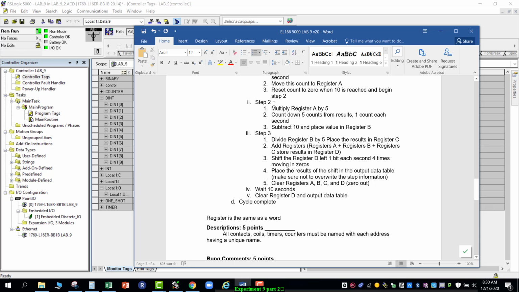Here we're going to turn on step 2 and send a 2 to that output data table, and again I would use a mask move. We're going to multiply register A by 5, so the information we stored here is going to get multiplied by 5. And now we're going to do a countdown.